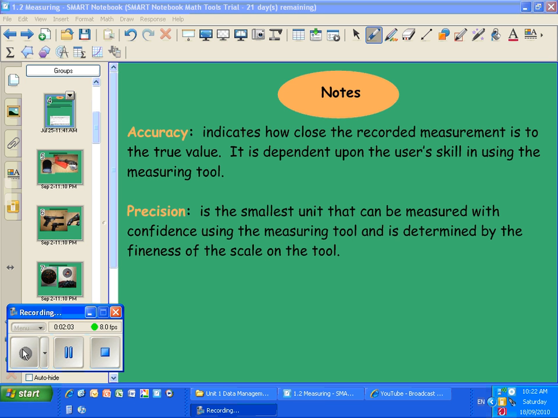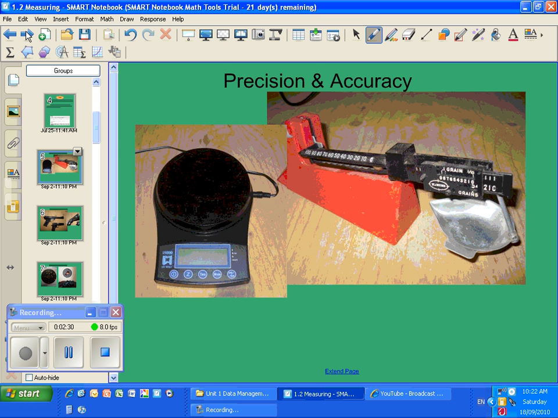If you're measuring with a millimeter ruler, you would say, oh, that's 17 millimeters, and then we take it one more place after that. In millimeters there's not much space, but you can get an idea. Does it look like 17.5 millimeters? So that would be the idea of precision. And as long as you were using that ruler well and you knew how to use it, you'd be very accurate as well.